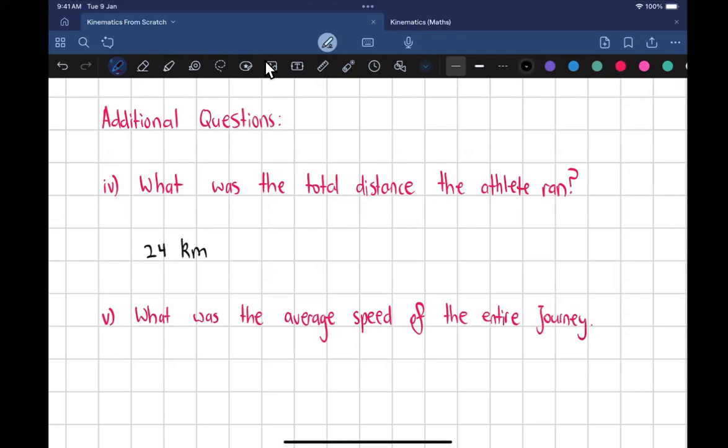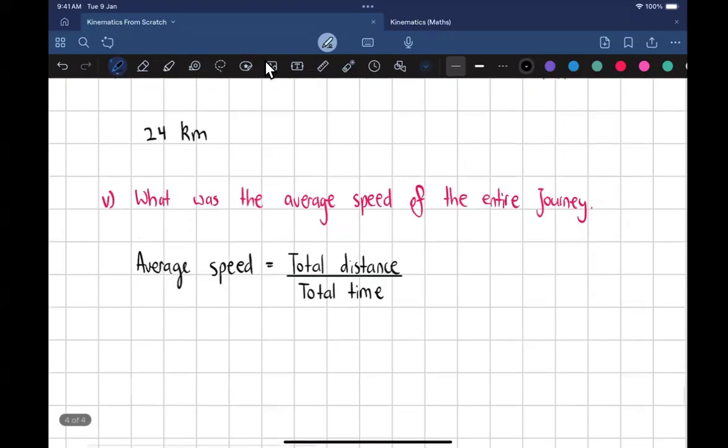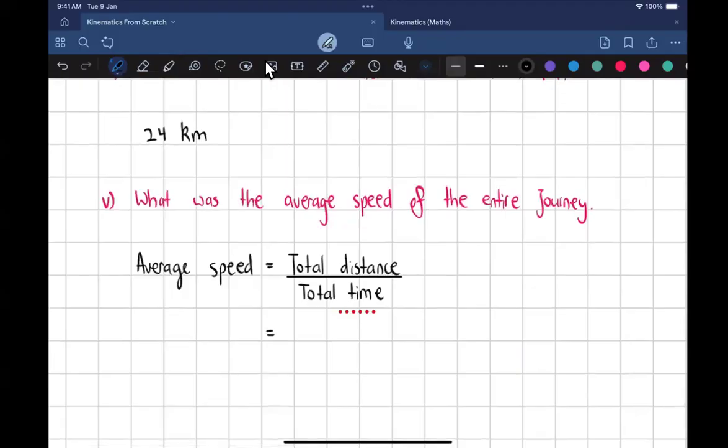So if we want to figure out the average speed, that would be equal to the total distance all over the total time. So what is the total distance? Again, the total distance is 24.